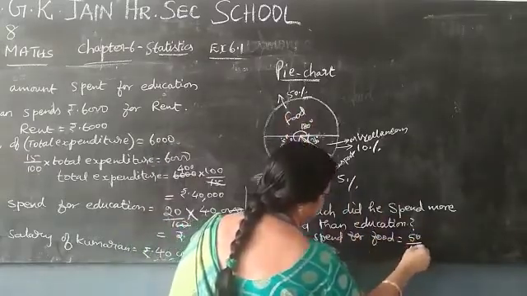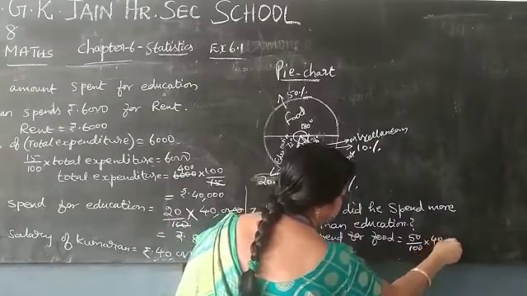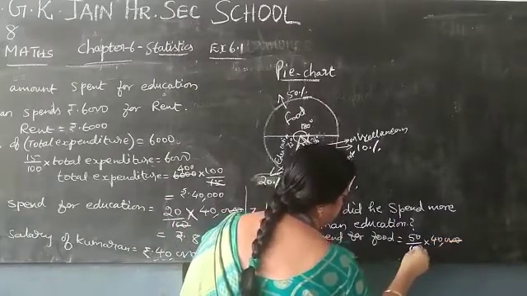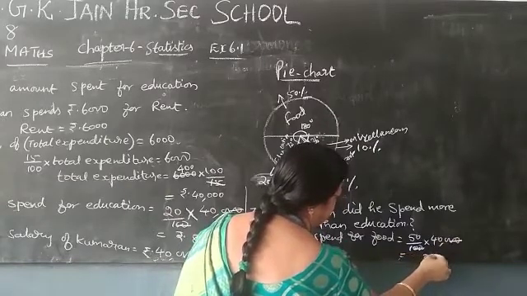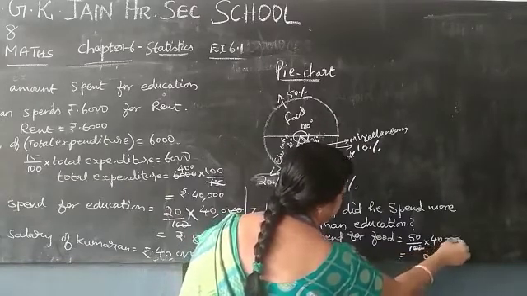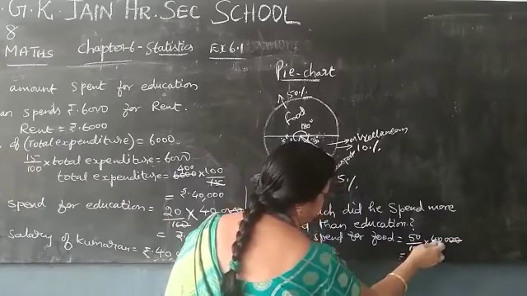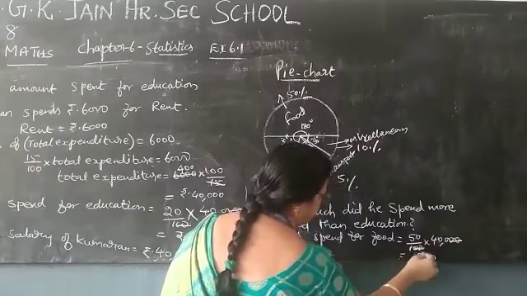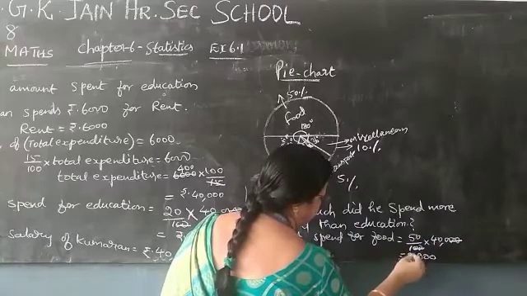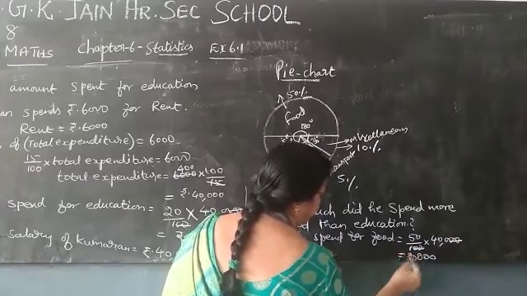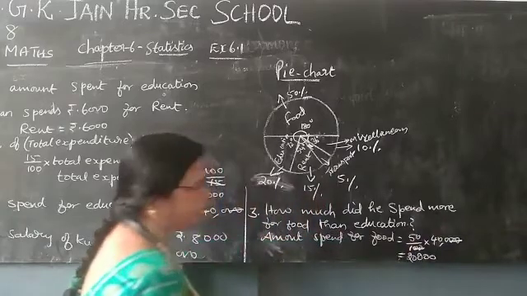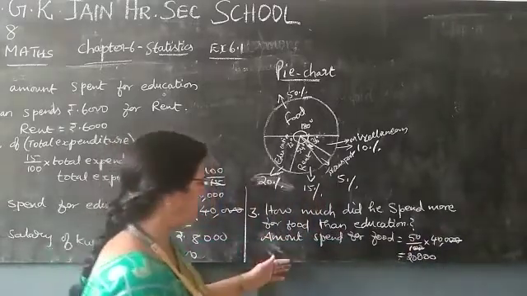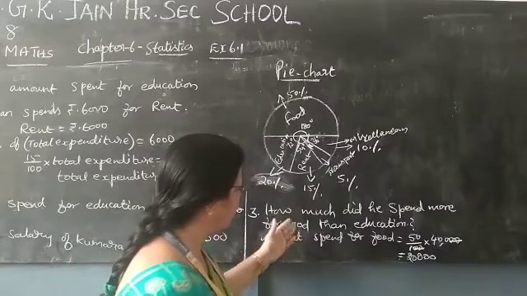So 50 by 100 into 40,000 is the total salary. 2 0s will get cancelled. These 2 zeros as it is, then you will get here also. 4 zeros are 0, 5 fours are 20. So how much you are getting here? Rupees 20,000.